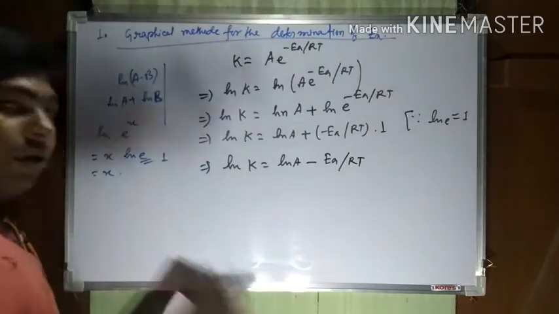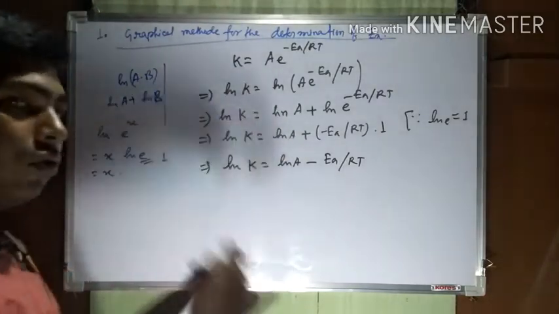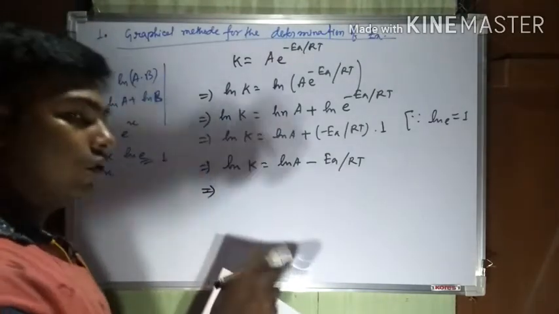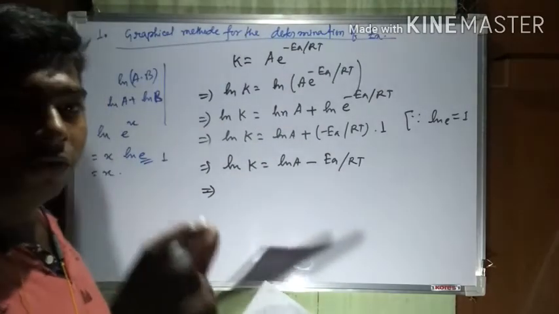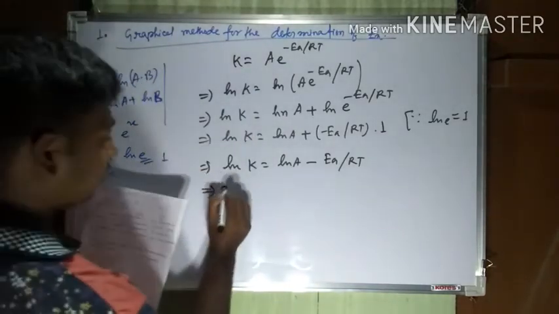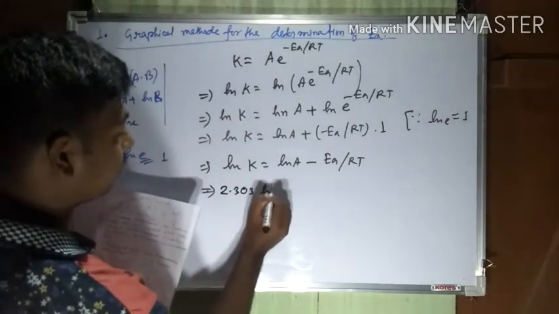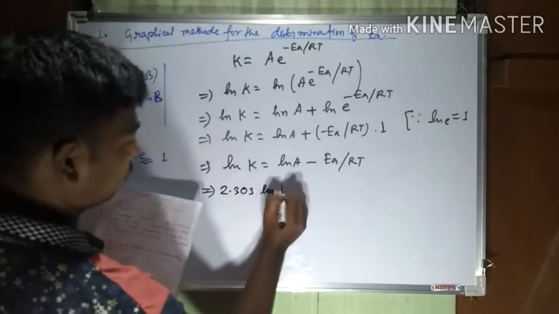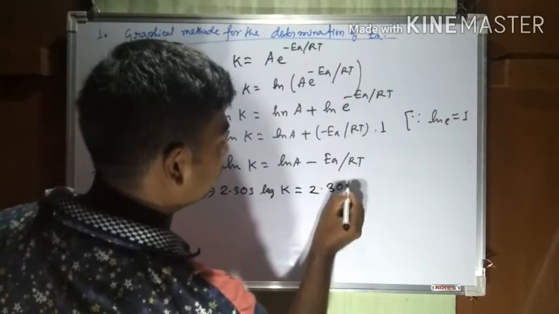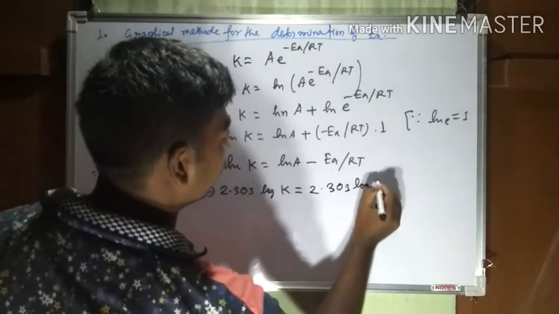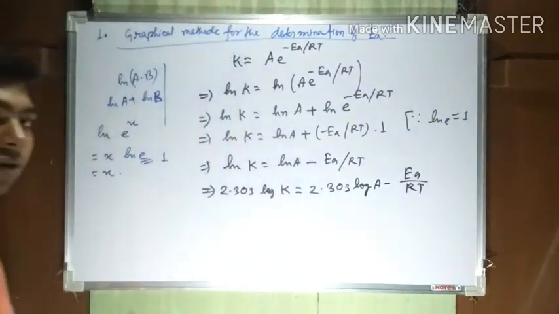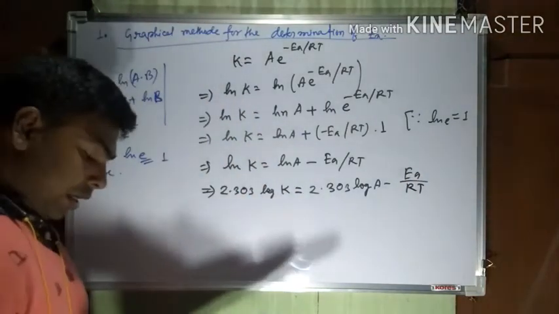Now you have to transfer this ln into log. How? When we transfer ln into log, we have to multiply by the value 2.303. Then it becomes log K equal to log of A minus EA by RT, with 2.303.